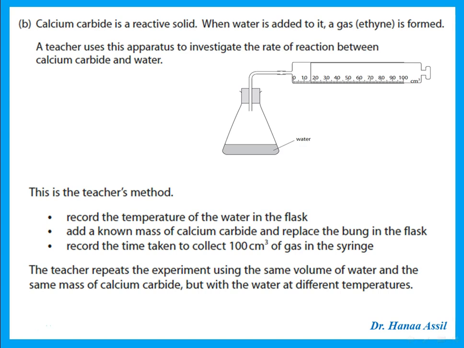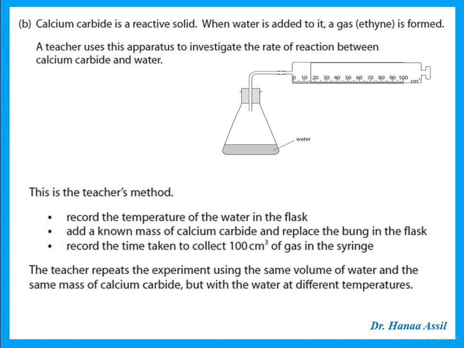Calcium carbide is a reactive solid. When water is added to it, a gas called ethyne is formed. A teacher uses this apparatus to investigate the rate of reaction between calcium carbide and water. This is the teacher's method. Record the temperature of the water in the flask, add a known mass of calcium carbide, replace the bung, record the time taken to collect 100 cm³ of gas in the syringe.